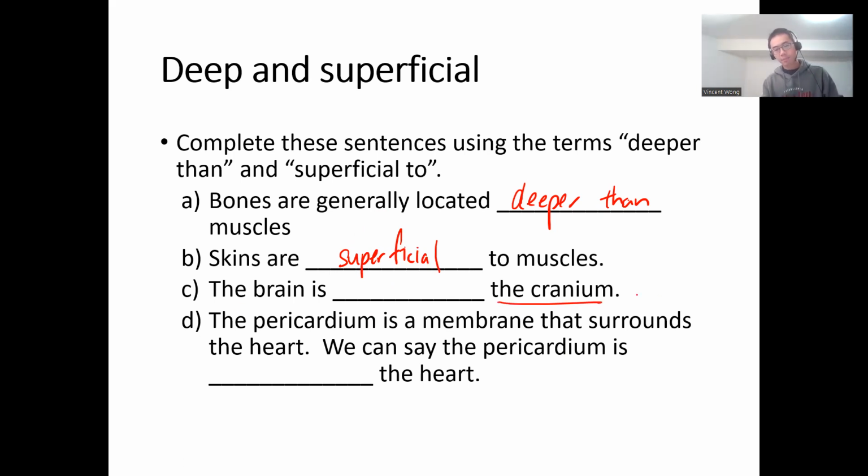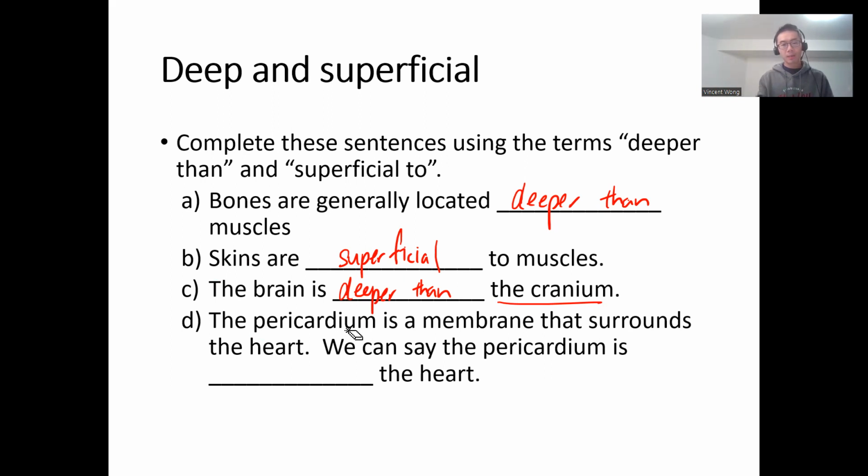Brain is something, the cranium. The cranium is your skull, okay? Protects the brain. So the brain is deeper than the cranium. The pericardium, you don't have to know what it is because the question tells you what it is.